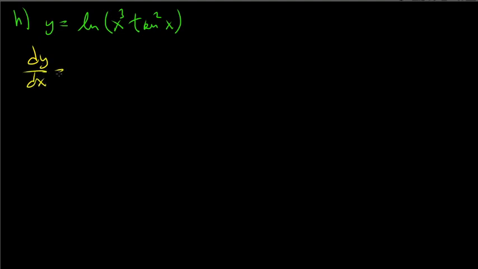All right, and then finally, log of x cubed times tangent squared. So y is the log of x cubed times tangent squared. To take the derivative, actually you could do this two ways. If you don't want to do the product rule, you can just do the sum rule.